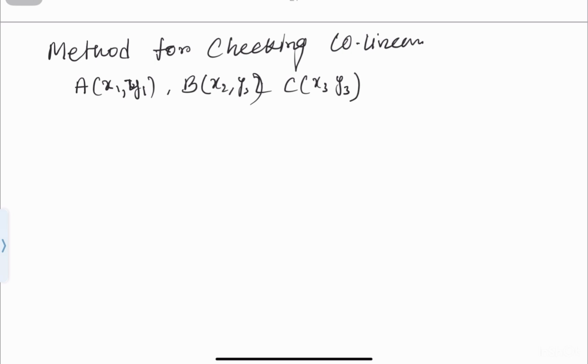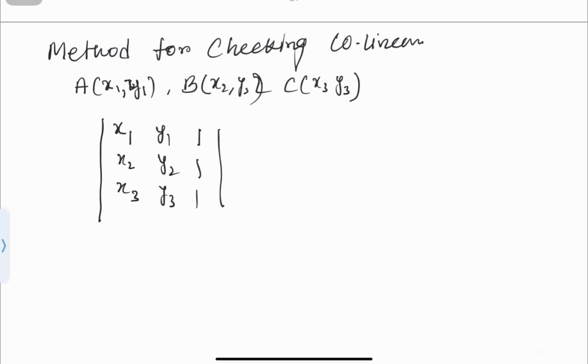How to check whether these points are collinear or not? You now know how to find the determinant. Write x1, y1, 1 here, x2, y2, 1 here, x3, y3, 1 here.